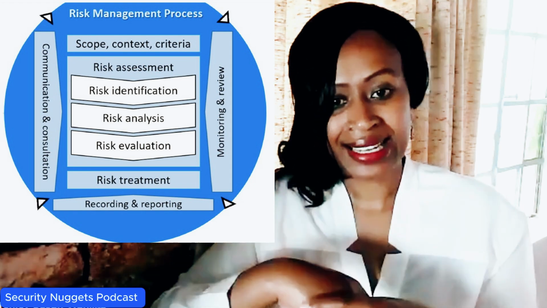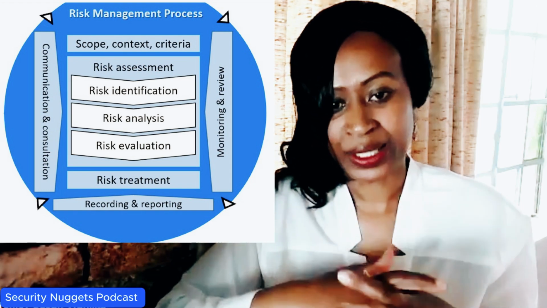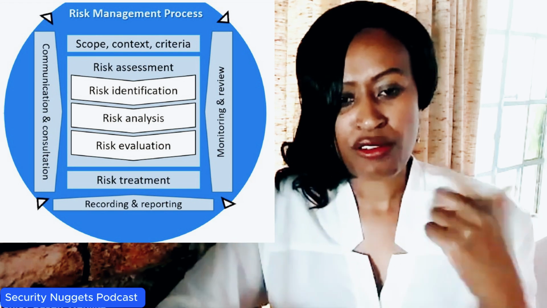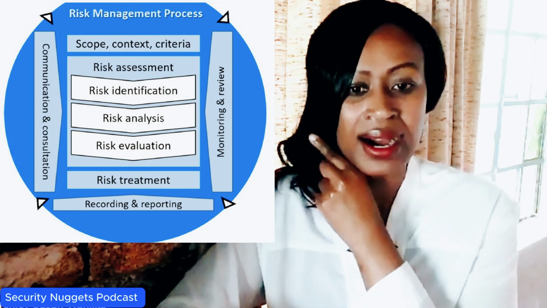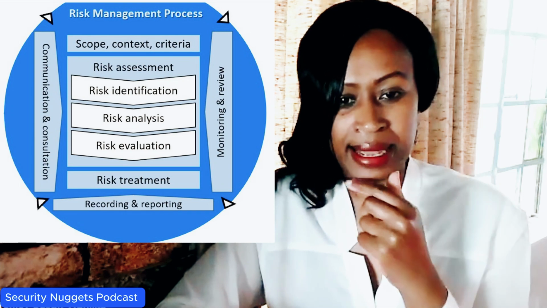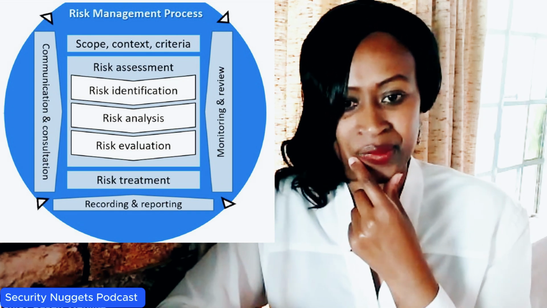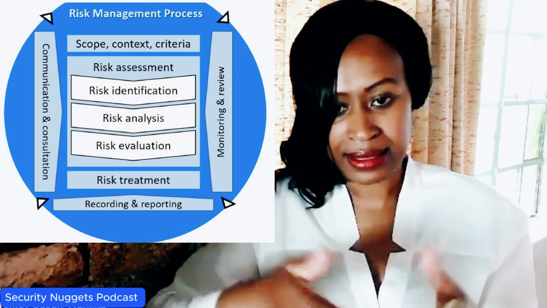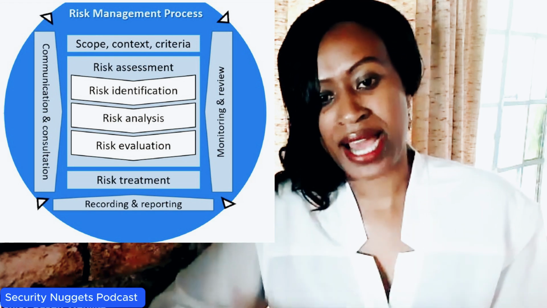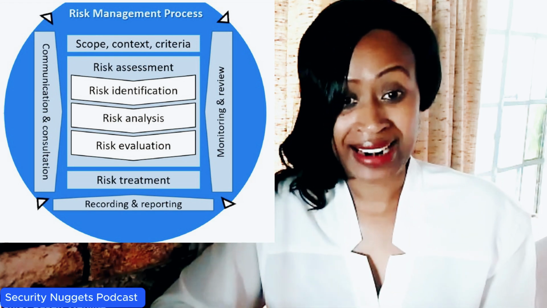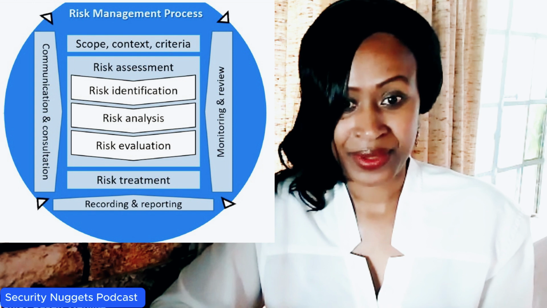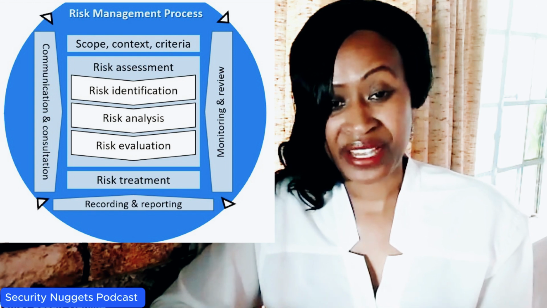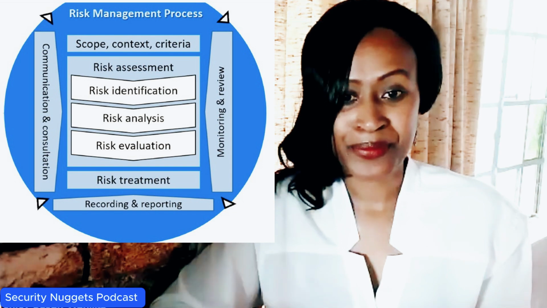Again, we are analyzing the likelihood of that risk. How often are we thinking it's going to occur? What's the occurrence likelihood like? How often are we looking and saying that this risk is going to be happening? We are analyzing that, okay? We are analyzing that in the risk analysis phase, okay?